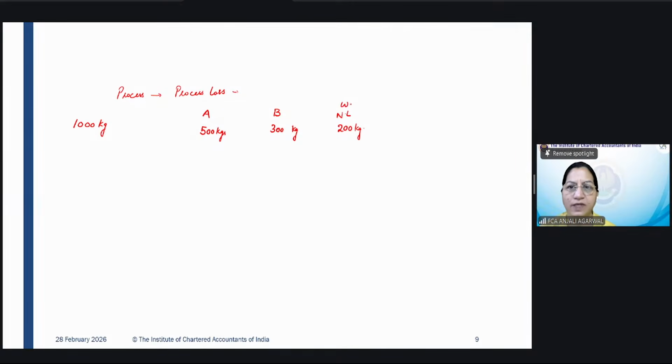Or you can say the waste is 200 kgs. Will not get into normal or abnormal loss. Waste is 200 kgs. But again, this loss is to be borne by product A and B.